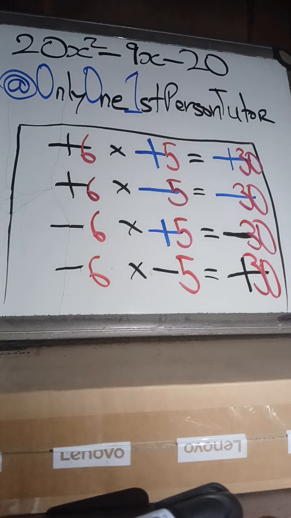So it doesn't matter how you want to view it. That's the reason why when you have this here, the b being minus 9, when you have minus b, you cannot write back minus 9, because what you're going to end up with is minus 9, which is basically like saying minus 1 times minus 9, right? And of course when you multiply a minus by a minus, it cancels out, right?